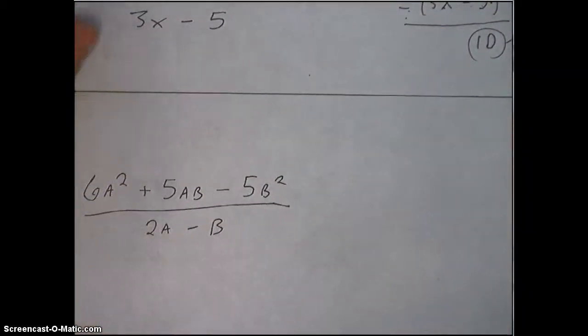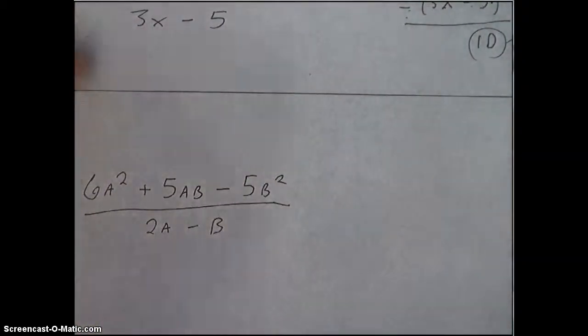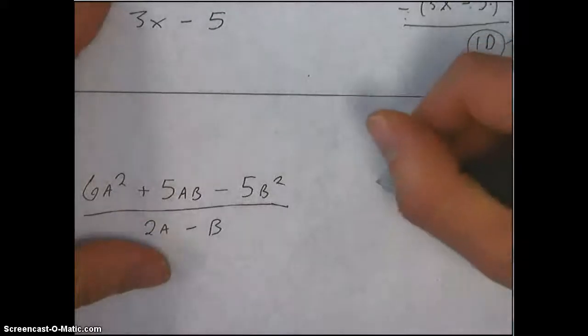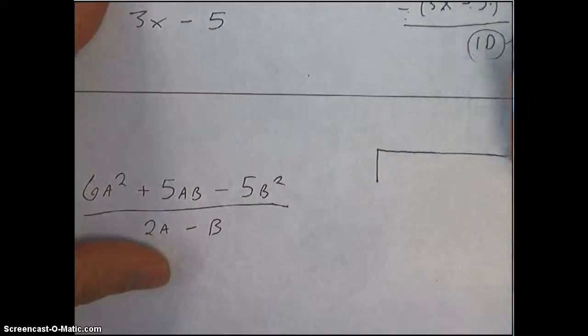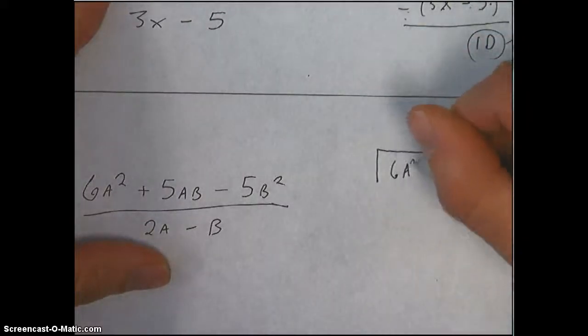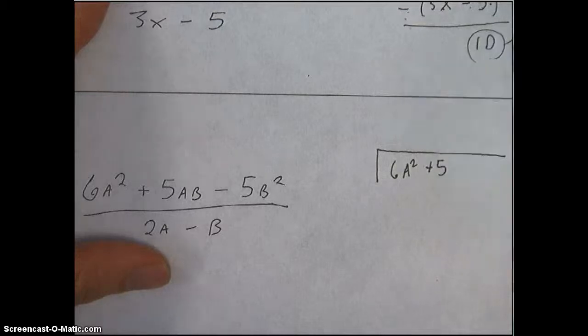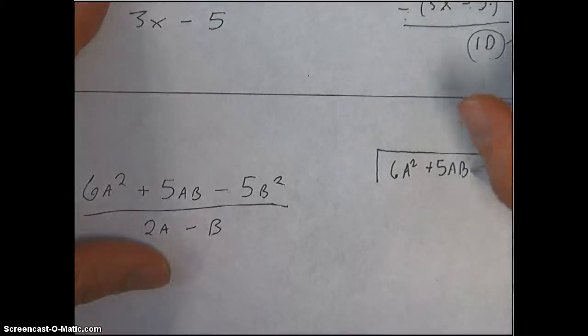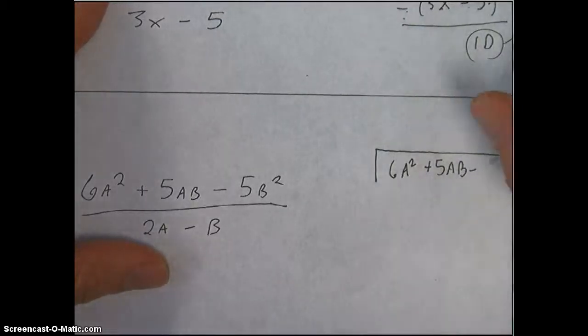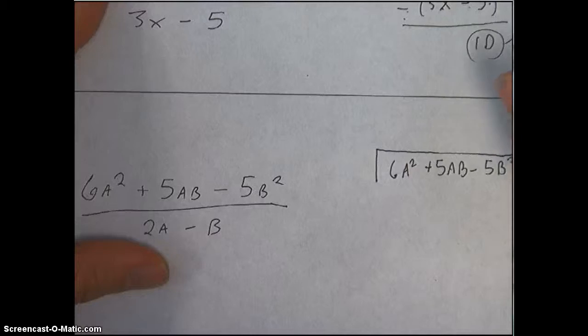All right, I want to show you one more that looks a little bit different, but it's no more complicated than the one we just did. Same process. We're going to start by writing the 6a squared plus 5ab minus 5b squared.